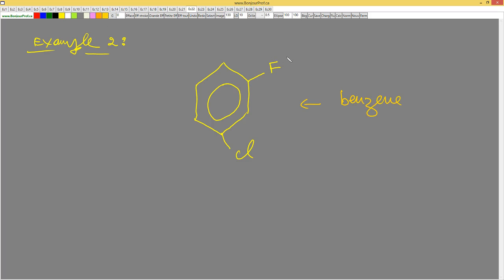The first is fluoro, and the second is chloro. Which one will come first? Chloro, because C is before F in alphabetical order.